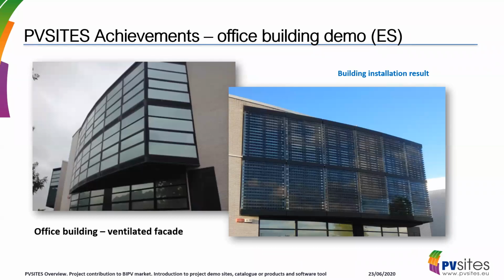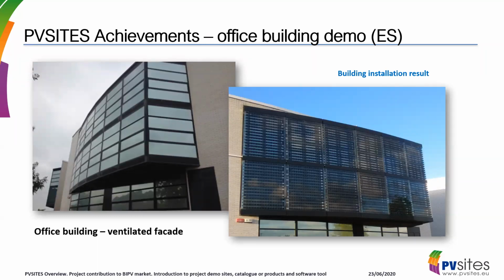And this is the example of an office building in San Sebastian in Spain. This is the headquarters of Tecnalia. On the left, you see the initial aspect of the facade. We had, and I say we because I work in Tecnalia, a problem with the light coming into the building, especially in summer. So a lot of light inside.